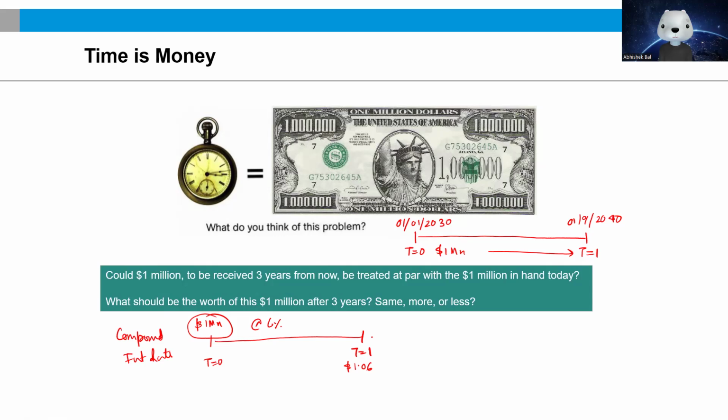$1.06 million. Now, what is it going to be 2 years down the line? Now, 2 years down the line, this would become 1.1236 million. How is it so? Because the initial principal, which was $1 million today at time t equal to 0, yields you the future value of 1.06 million at time t equal to 1.